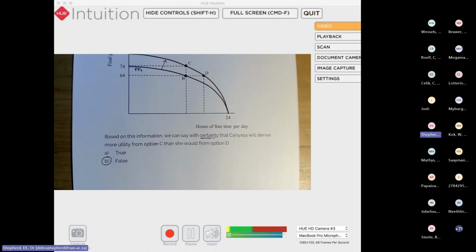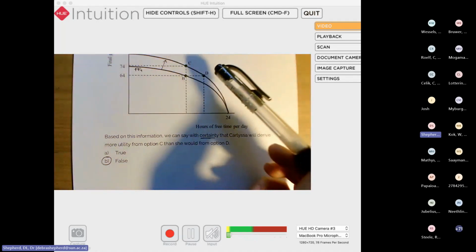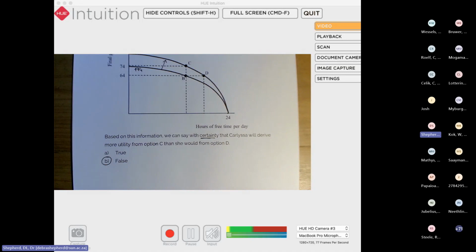Okay, so they're on the same feasible frontier, which means she's maximizing the use of her study time. So she's achieving the maximum possible grade for the amount of time she's studying. So that's what that means. But why does that not tell us anything about whether C is more preferred than D? What do we need to know in order to figure out utility?